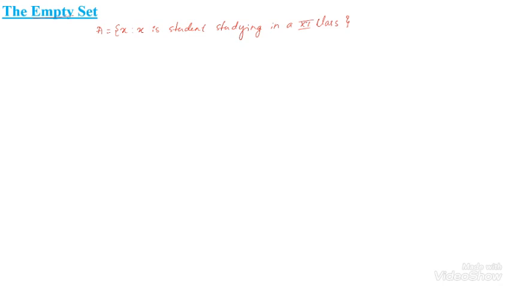The number of students in class 11 should be countable, or finite, because we have to count the number of students. Here I will consider another example.